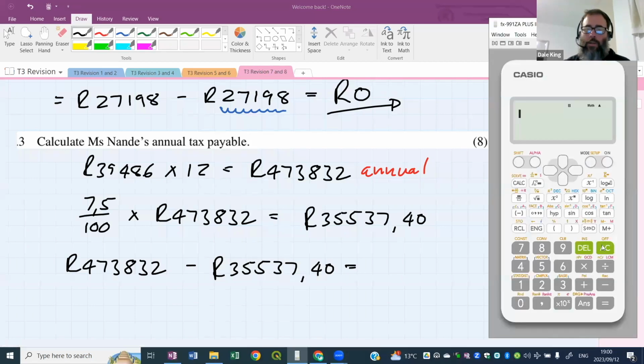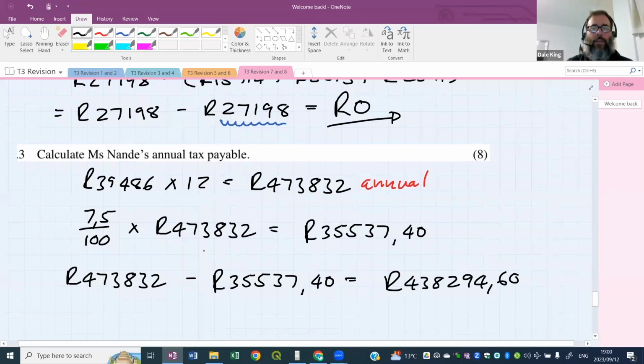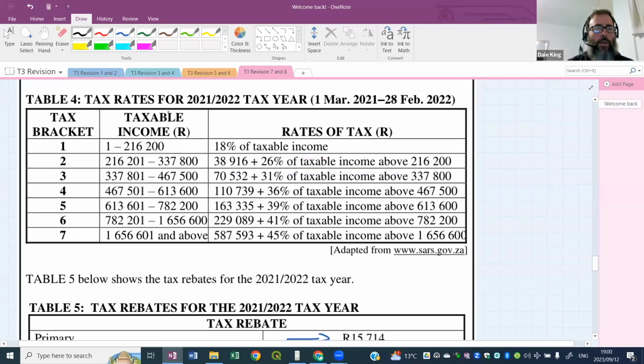So 473,832 minus 35,537.4 gives us 438,294.6. All right, Ben. Yes, so that's the right one. So which bracket are we going to go to?